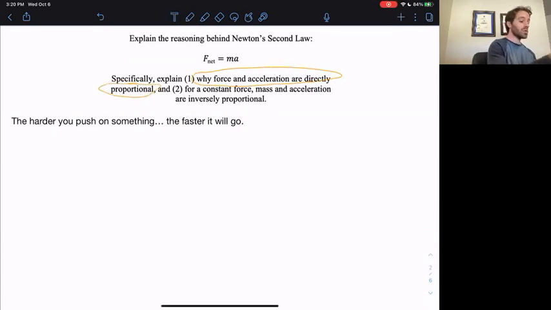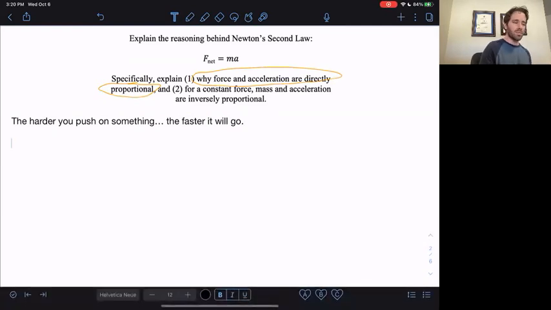So now this also says for a constant force, mass and acceleration are inversely proportional. Well, what does that mean? So let's think about what happens when you have a constant force, say like a 50 Newton force that you're pushing on something with, but you push on two different objects with that.